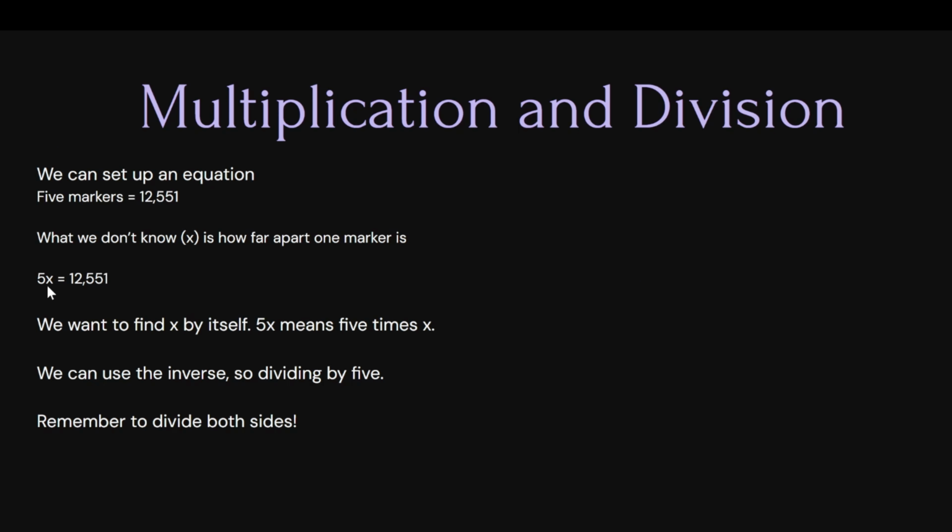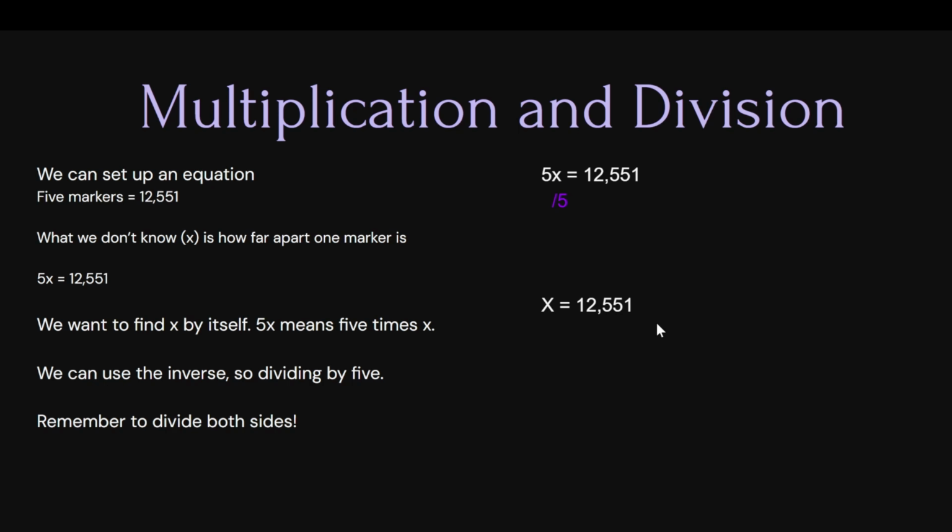Then the next thing is we look at 5x. That means 5 times x. And we can use that cool method of the inverse. So we're going to divide by 5. And remember to divide both sides, because if we divide the left side only, then we get rid of the 5 times x, so we just have x.